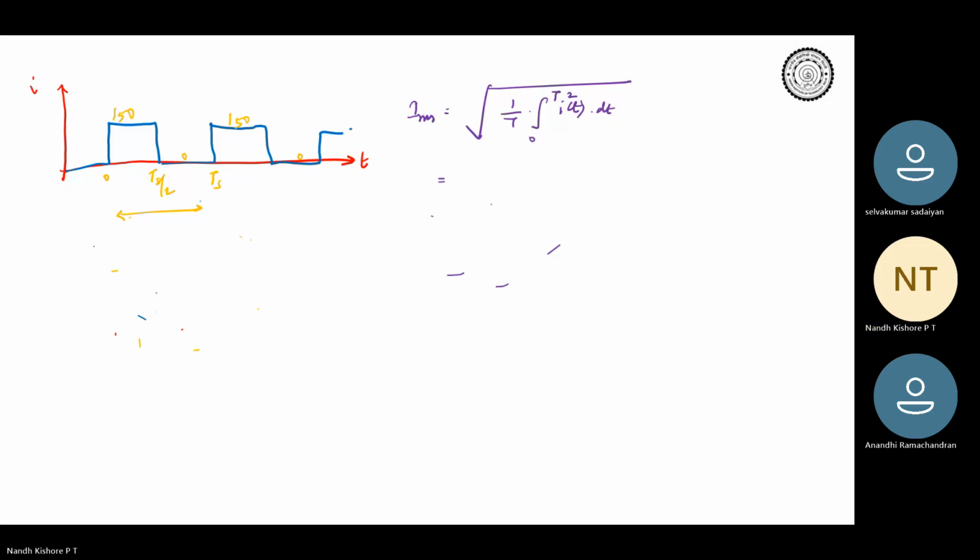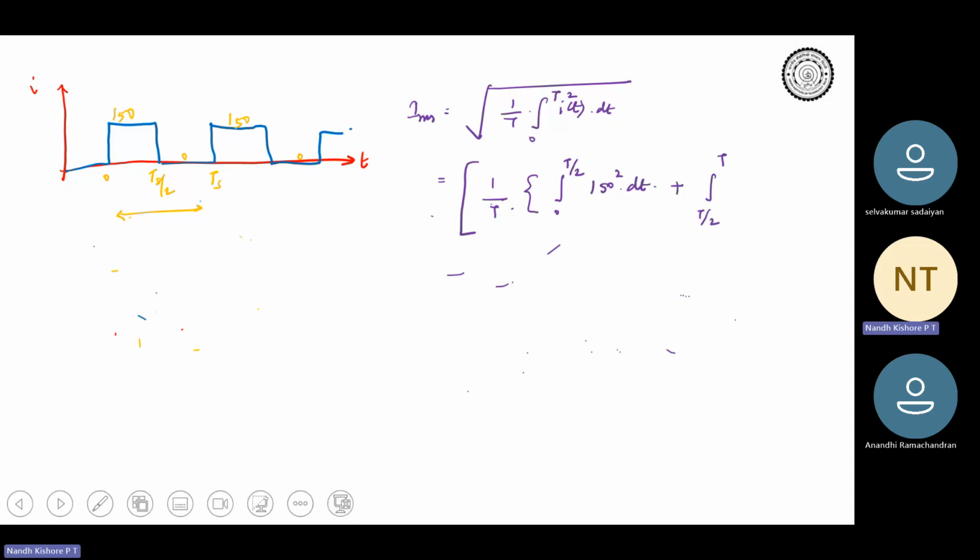I can split this piecewise: 0 to T by 2, it is a constant 150 amperes when it is on, 150 square dt, plus T by 2 to T, it is constant 0 square dt, all to the power 1 by 2. The second part amounts to nothing.